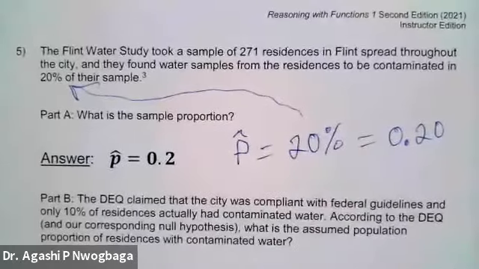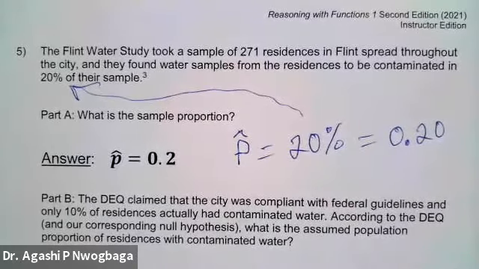Let's go to part B. The DEQ could claim that the city was compliant with federal guidelines and only 10% of residents actually had contaminated water. According to DEQ and our corresponding null hypothesis, what is the assumed population proportion of residences with contaminated water? This is an easy one.